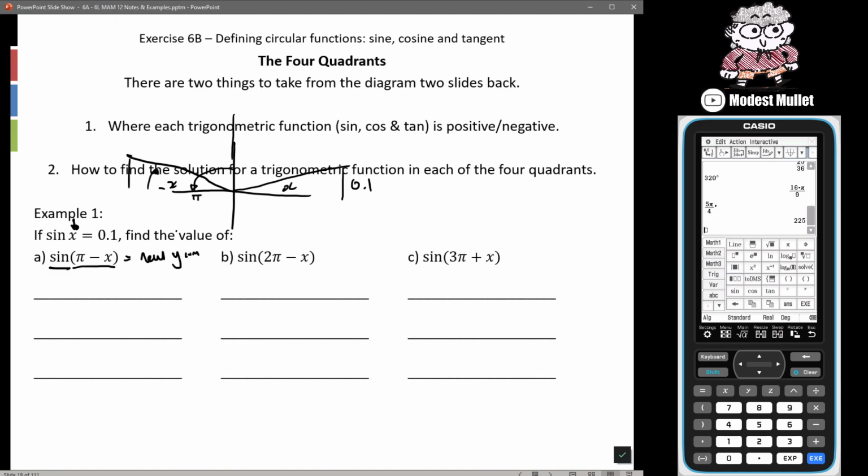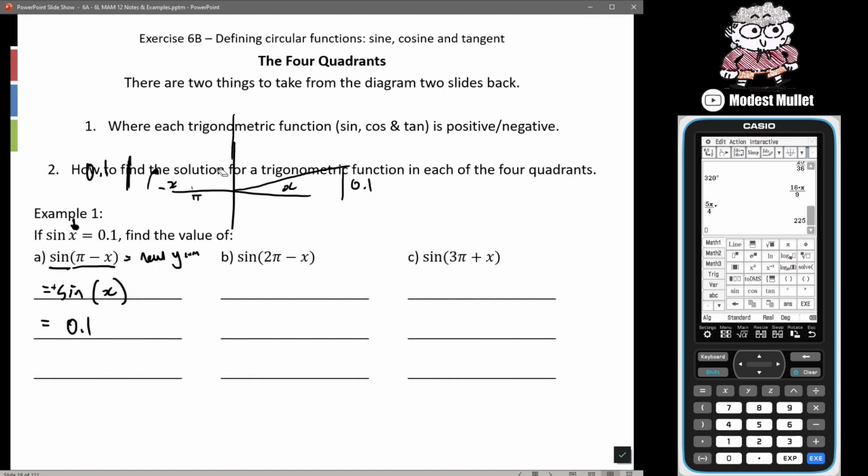That's what this bit here is saying. What is my new y component? Well, it's quite obvious that it's exactly the same, equal to 0.1. I could have also written this as equal to sine of, just realizing that we're at pi, negative x. In the second quadrant, this stays positive, so it's going to be equal to 0.1 as well. I can work that way.